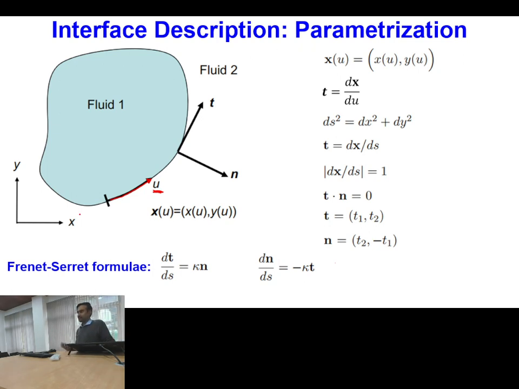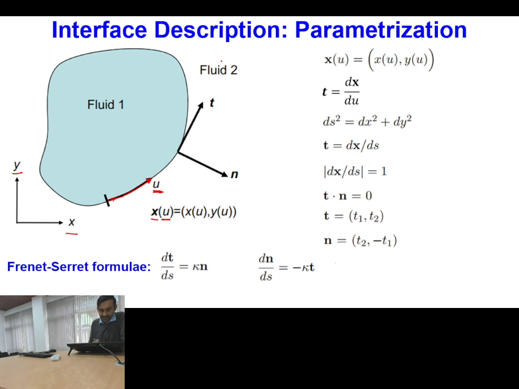Is this point clear? Now, if I measure the values of x and y only along parameter u, what will I get? I will get nothing but the position vector of the interface. Is this point clear? So that is what I am saying over here: position vector of the interface considering argument u. Argument u means I am always pointing on this.